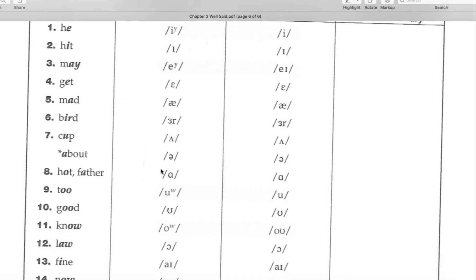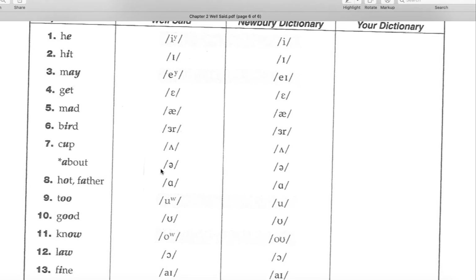Then we have the sound, that's the most common sound in English, it's called schwa. It's this upside down E. It's the schwa, and it's like someone hit you in the stomach, and you go, okay? As in sofa, cupboard, okay?